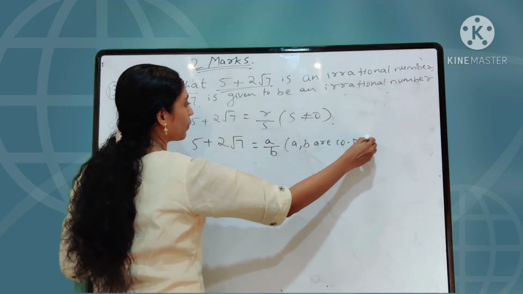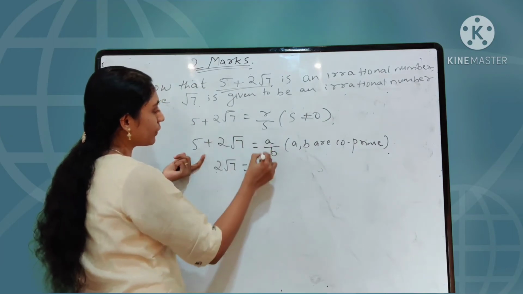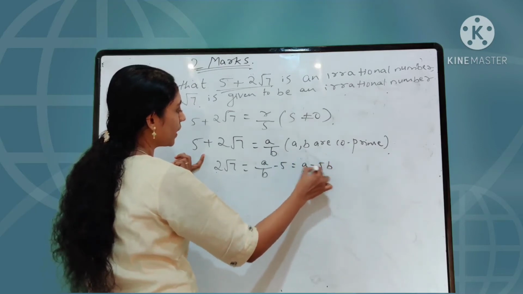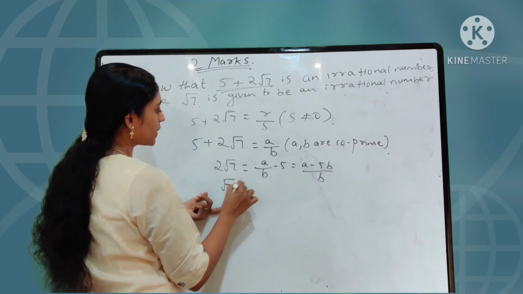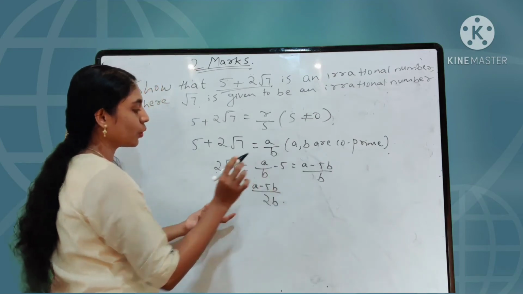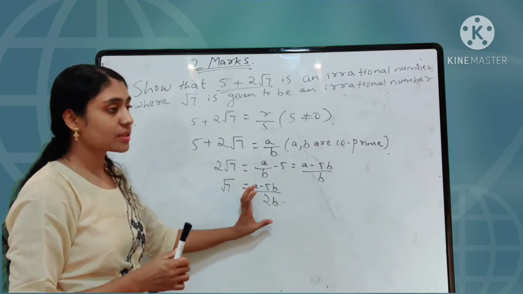And from here we can find out the value of root 7, right? 2 root 7 is equal to, taking 5 to the other side, a by b minus 5, which can be written as a minus 5b by b. So root 7 is equal to a minus 5b by 2b. Here a, b, 2 and 5 are integers and it is of the form p by q. So we can say that RHS is rational.